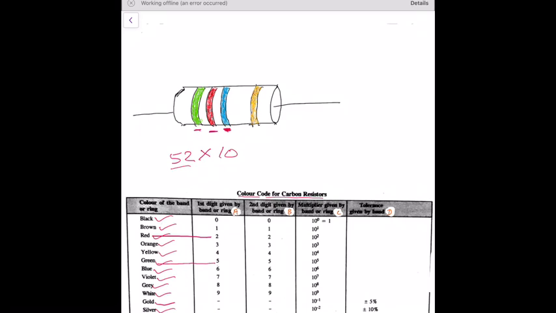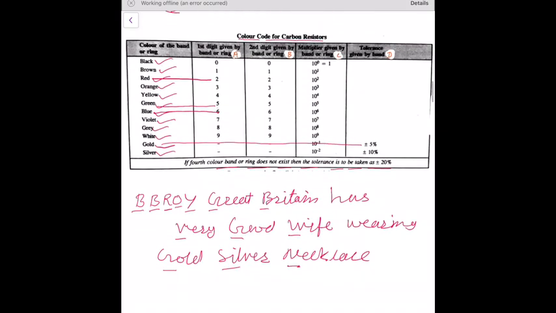Here blue color is at 6, so it means 10 to the power 6, and plus or minus. Here gold means plus or minus 5%. This is the resistance of this carbon resistor.